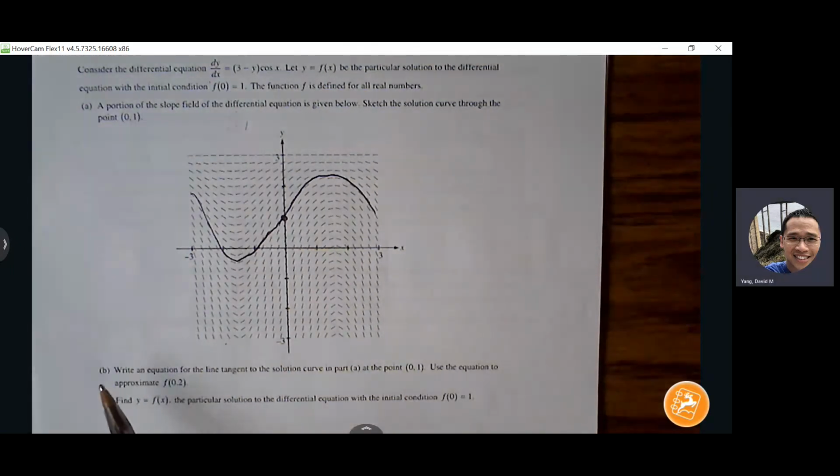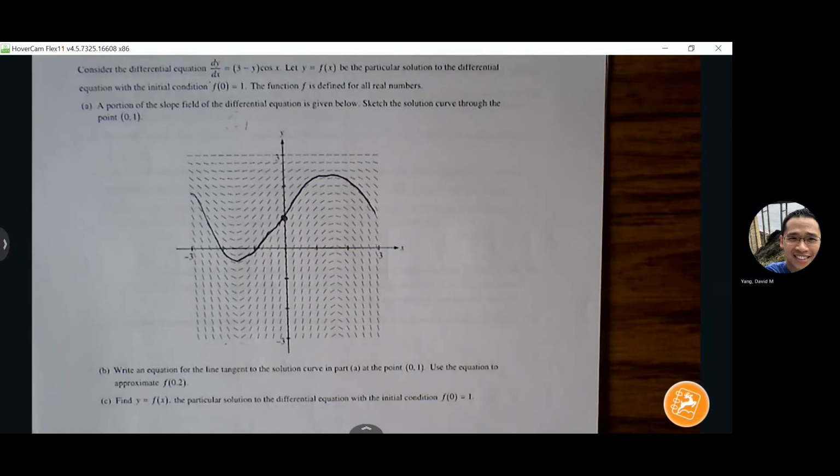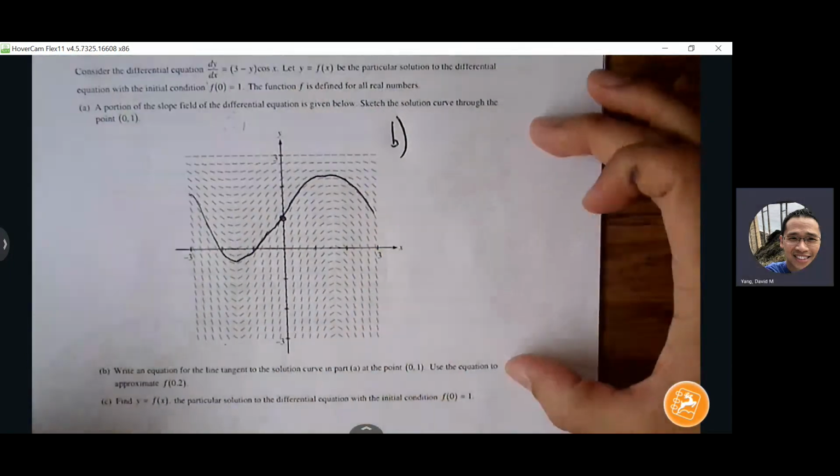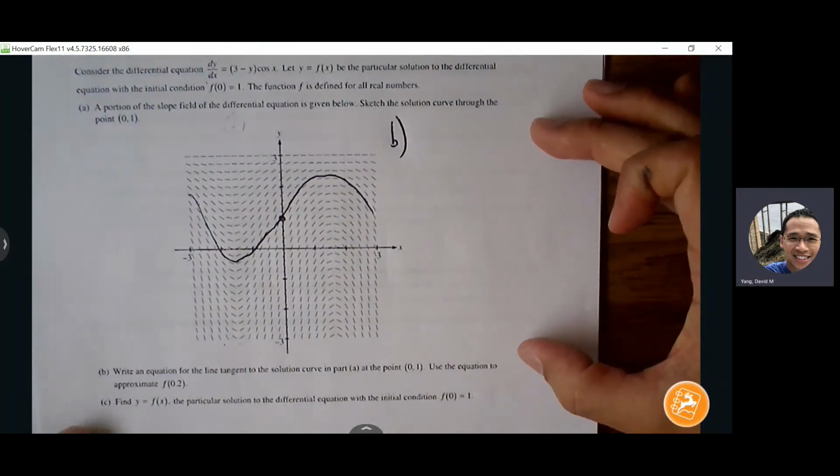Okay, so see if you can do part B here. Gather your ordered pair, find your slope, point slope form, and then insert the decimal in. We put it up here so that you can save room for part C for this solving differential equation.